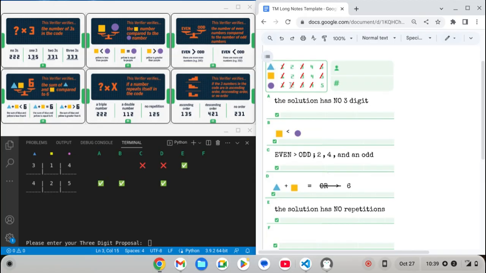And at this point, I guess you have 2 possibilities. So let's quickly type them up. You could have an ascending order, which would be 2, 4, 5, because that does equal 6. Or you could have 4, 2, 5, and that's no order. Now, how can we deduce that?